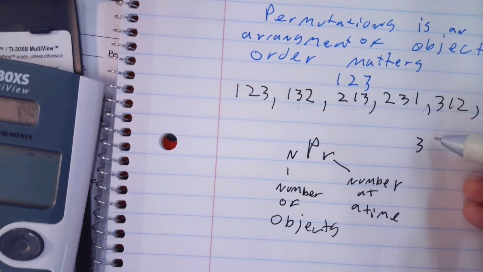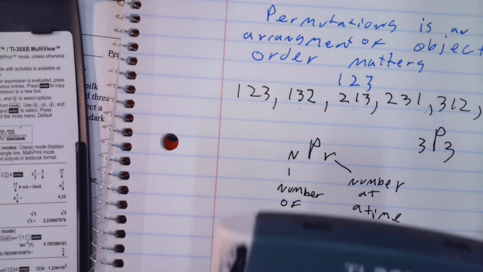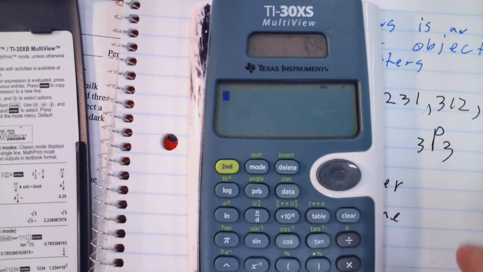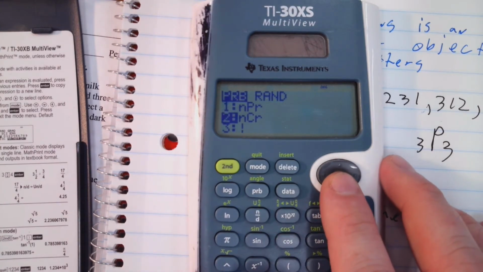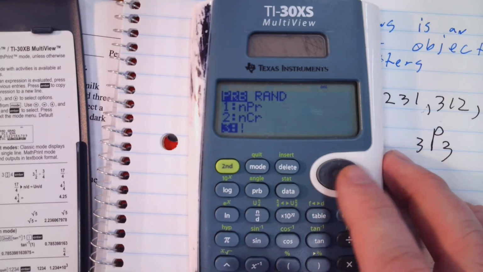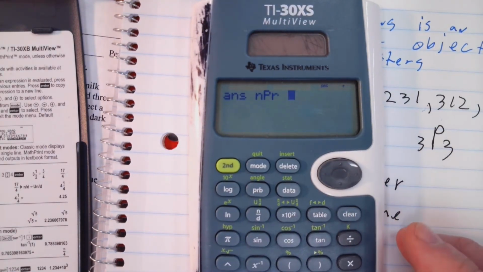We would type in 3, P, 3. How do you do that? All right, so right here, it says PRB. See how we have various things right here? Okay, and I forget which order we do it in.